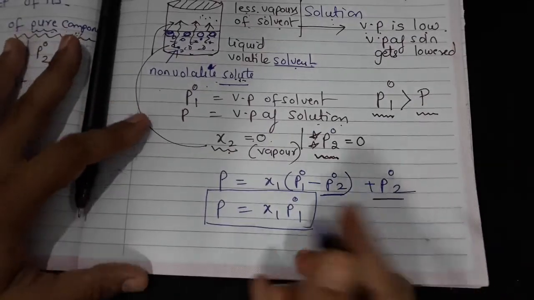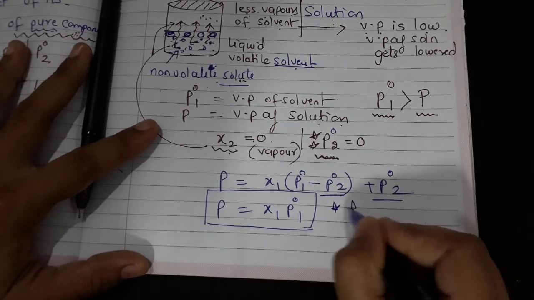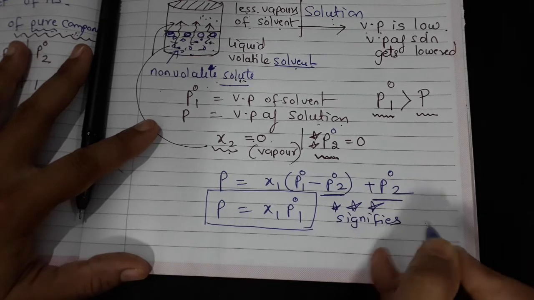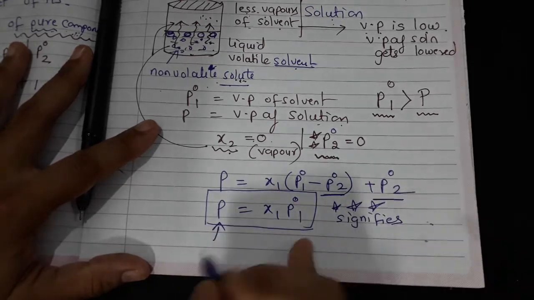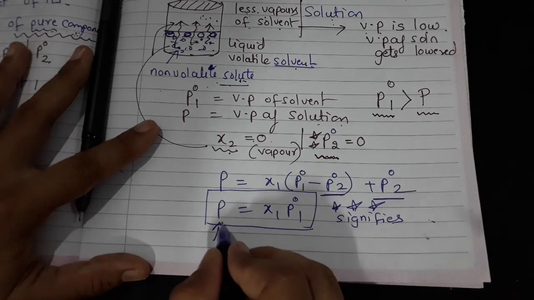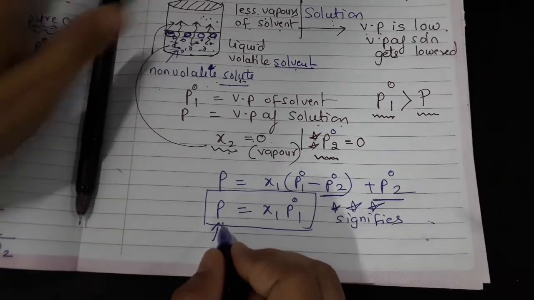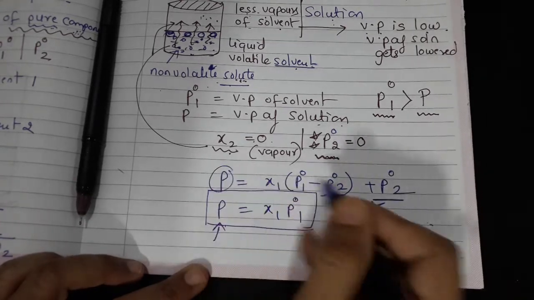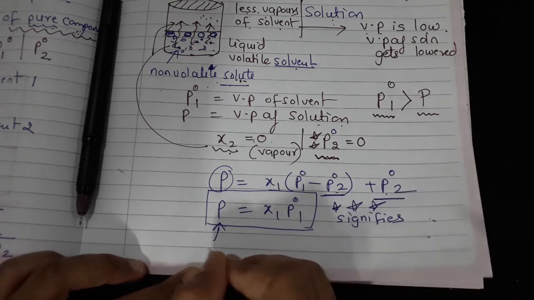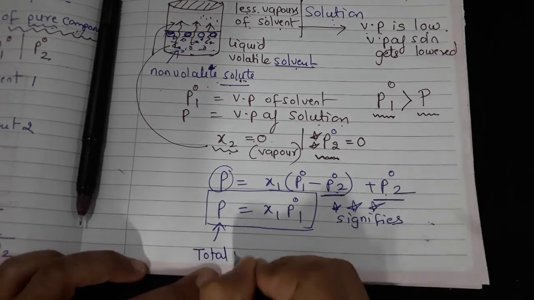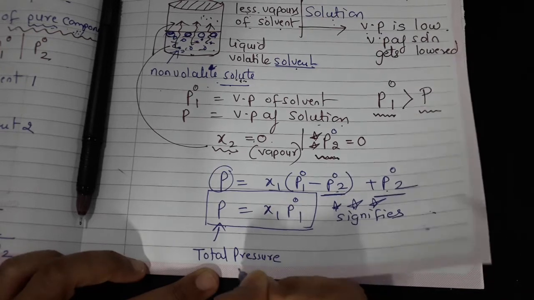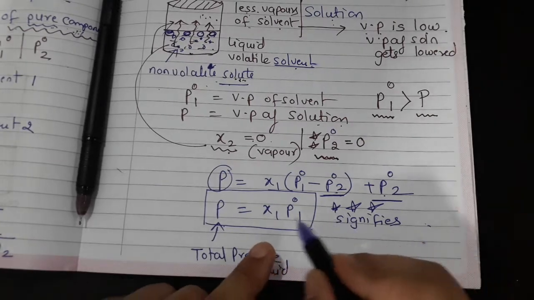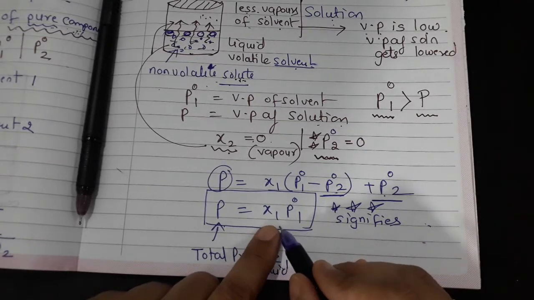Now let us try to understand the meaning of this. This expression is very important. It signifies that the vapor pressure on the surface, or I would say the total pressure, because P was P1 plus P2, the total pressure exerted on the liquid depends completely on the contribution of component 1.